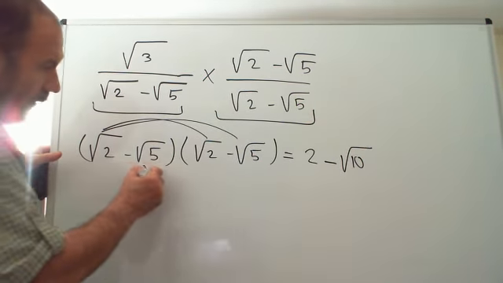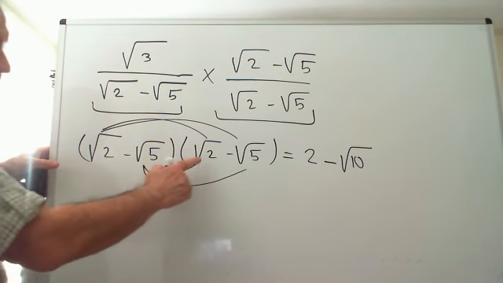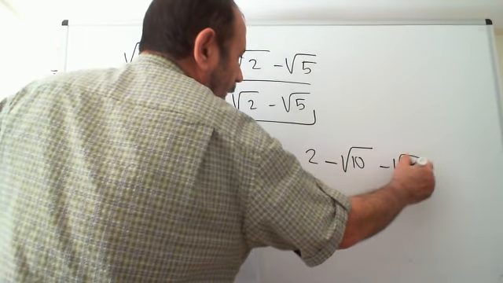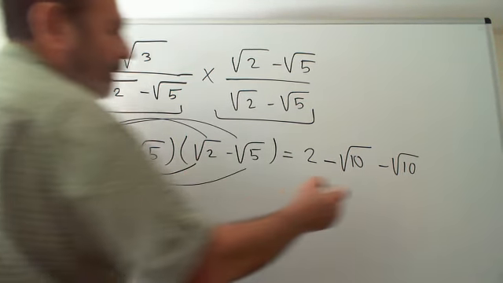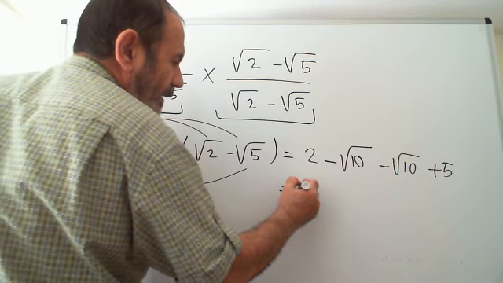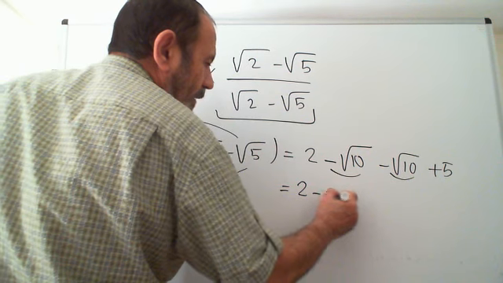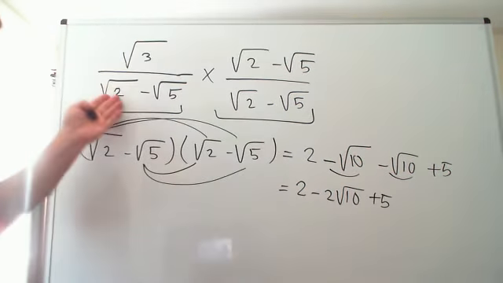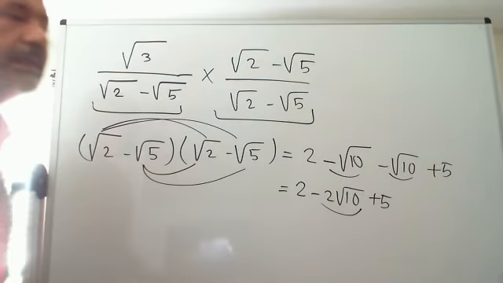And then negative radical 5 times radical 2 is negative radical 10. And negative radical 5 times negative radical 5 is positive 5. When we simplify, it's 2 minus radical 10 minus radical 10, which is minus 2 radical 10, plus 5. As you see, when we multiply the denominator, the radical remains in the denominator.